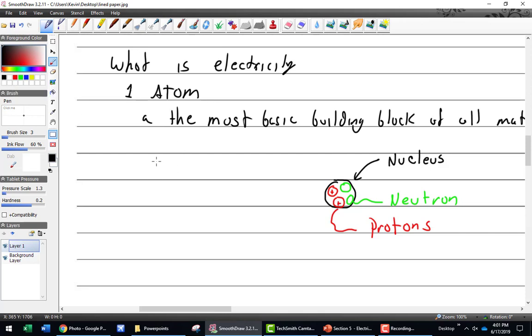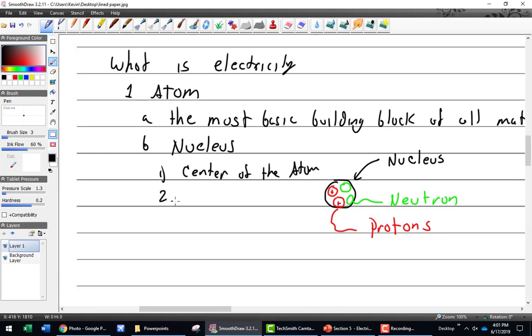All right, so inside that we have the nucleus. The nucleus is the center of the atom.